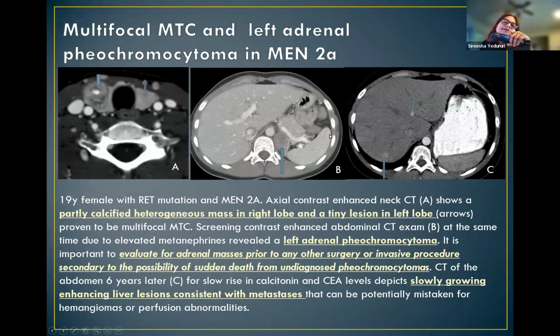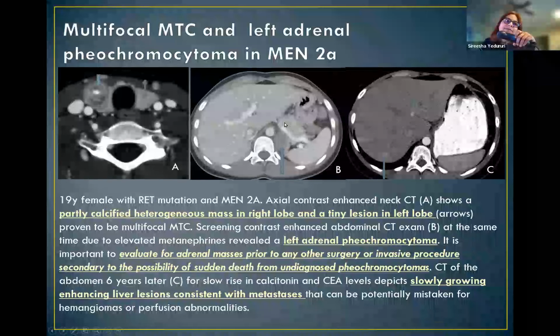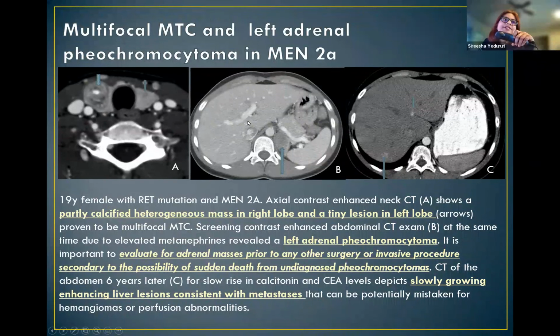The clinicians know to order a study to rule out adrenal pheochromocytoma. So this patient had a screening test at the same time as the diagnosis of medullary thyroid carcinoma, before surgical resection, and we diagnosed an adrenal pheochromocytoma.